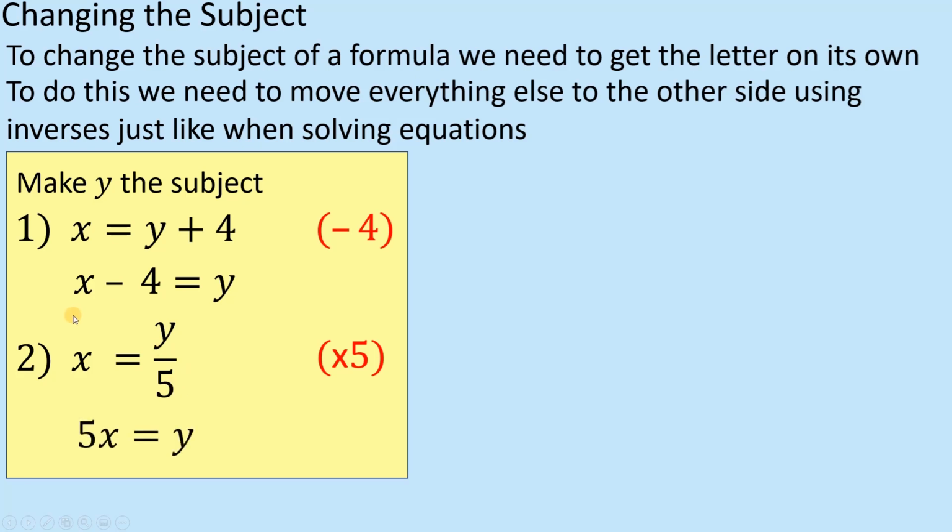When I times this side by 5, it would be 5y over 5, which means the 5 would cancel and leave me with y, and again, y is on its own, so that is the job done. It's always the inverse of what's happening to the subject that you need to do to the other side.